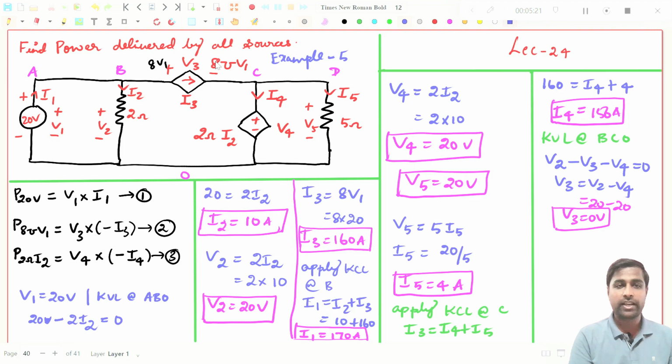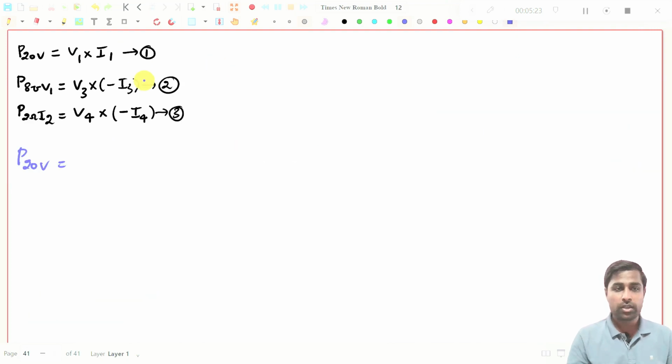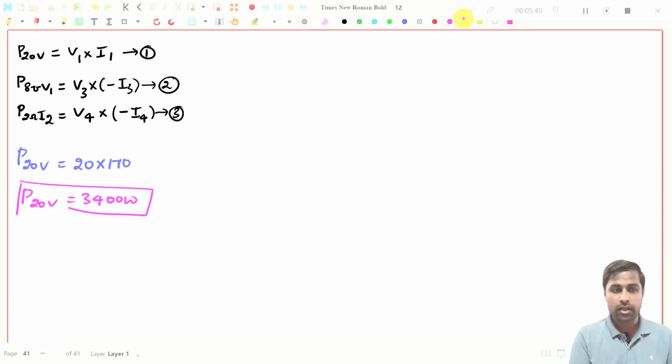So I need to substitute 20 into 170. So the final answer, P of 20 volt, is 3400 watts. So this is the final answer.